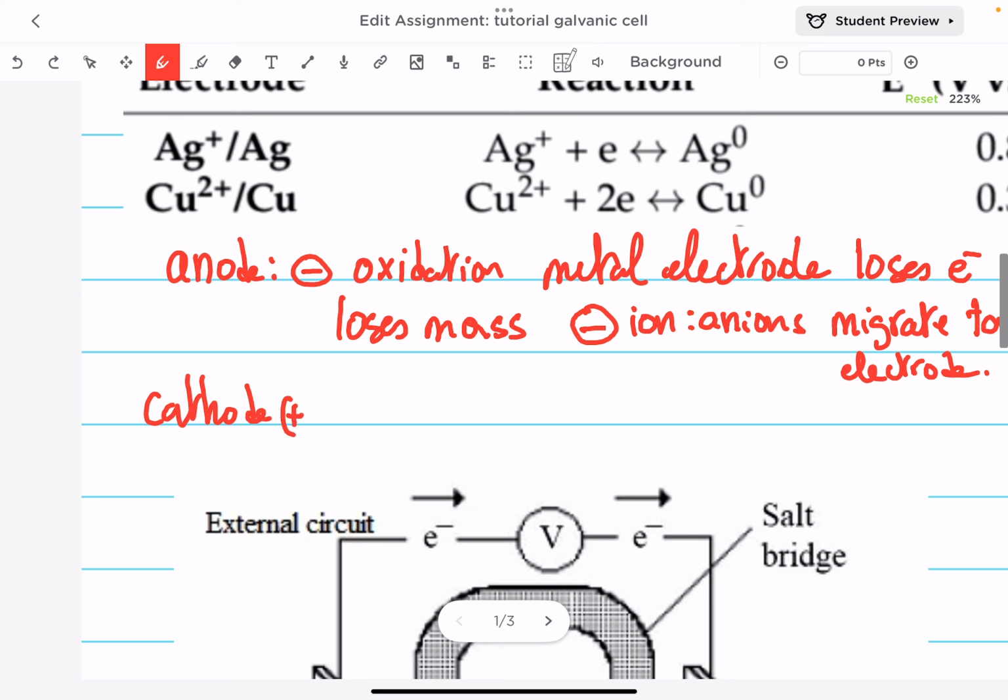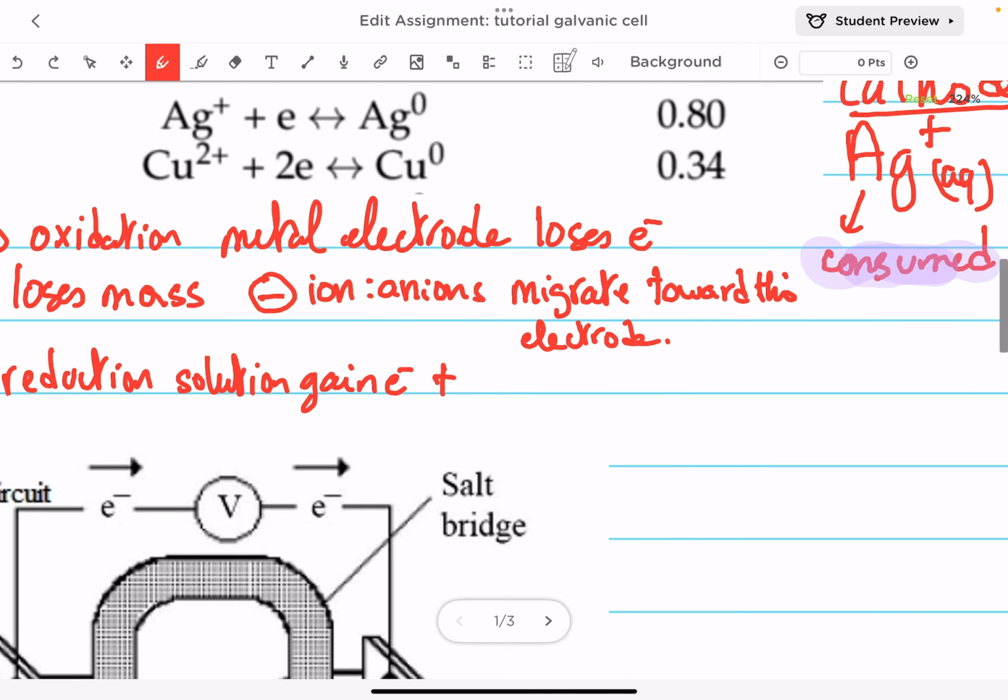Cathode is the positive electrode. It's where reduction takes place. It's the solution that gains the electrons to form more metal on the electrode.